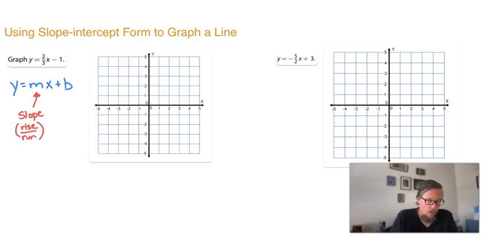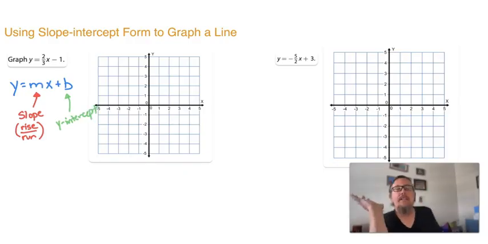Great. Where do we start though? It's all well and good to know how steep the line is, but I need to know where to start to do rise over run. That's where the b comes in. The b tells us the y-intercept.